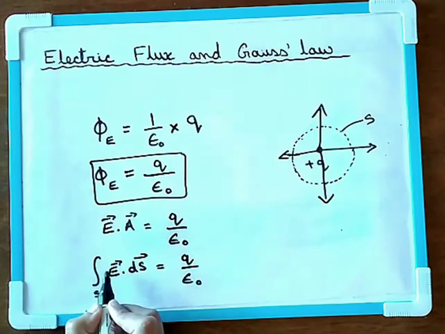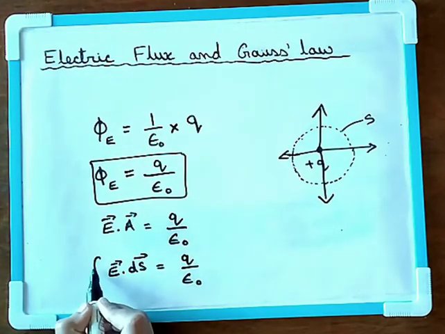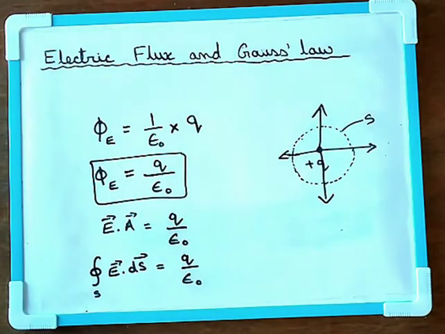Since it is a closed surface, we have to add this small circle symbol here, meaning integration over the closed surface of E dot dS, which is the electric flux. In the earlier expression there is no circle, because it is an open surface. This circle here is because of a closed surface.